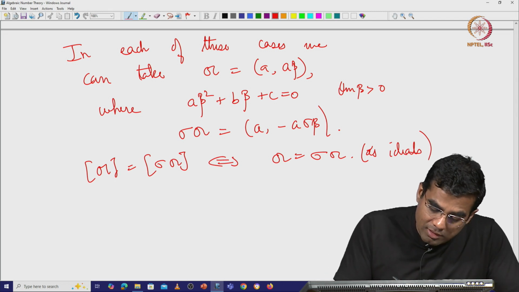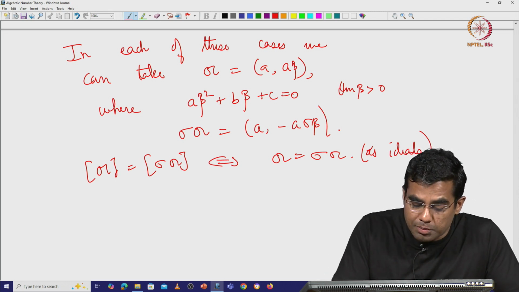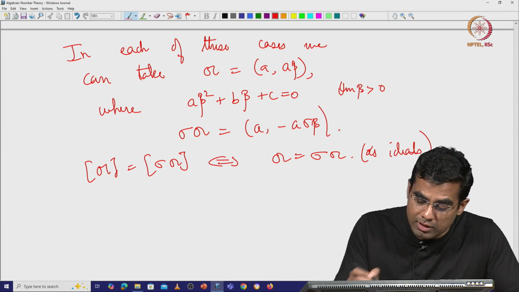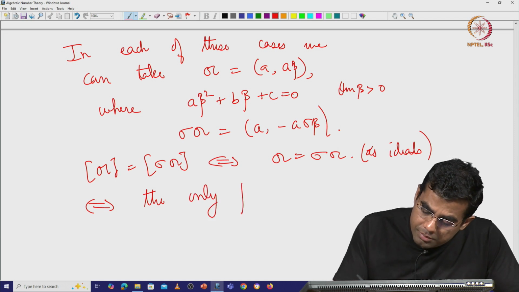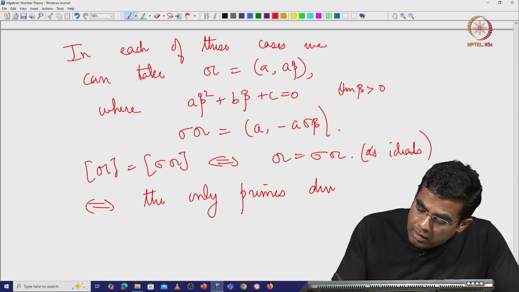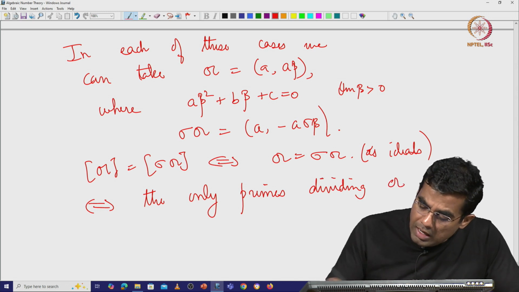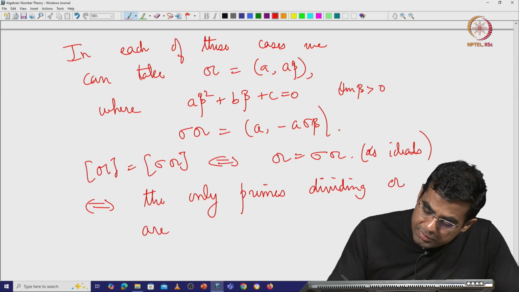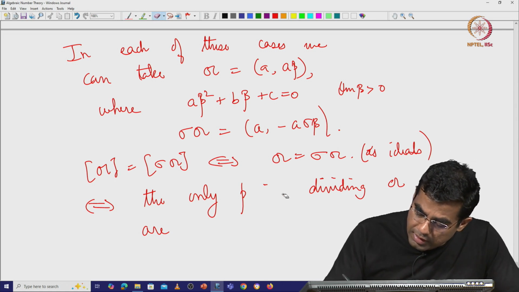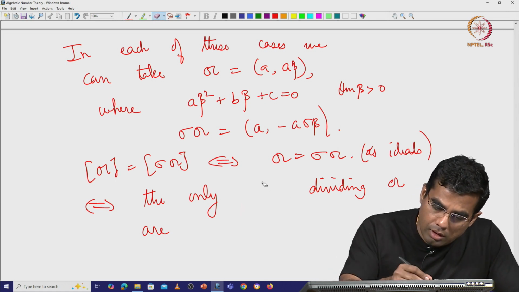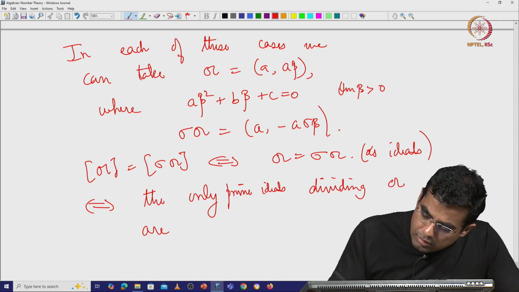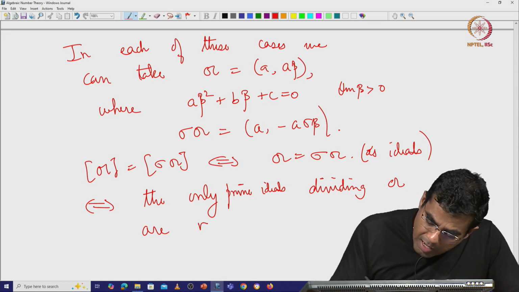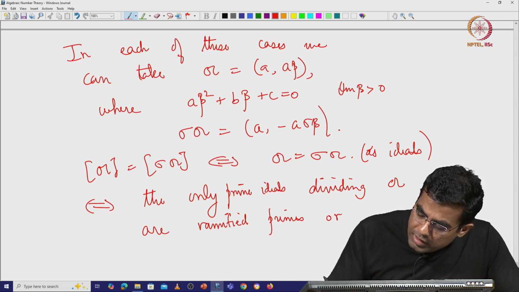What does that mean? If you have understood the course up to now and how the prime decomposition etc. works, this means if and only if the only primes dividing A are prime ideals. So, primes means prime ideal. So, let me write it explicitly here, the only prime ideals dividing A are ramified primes or inert primes.